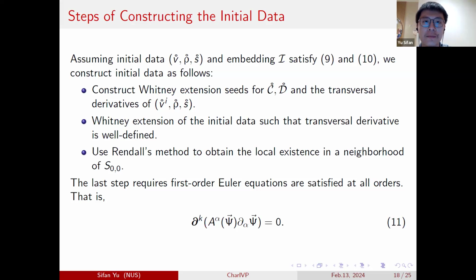You have to solve in a special order, such that you can construct Whitney extension seeds for transversal derivatives, and in particular for C and D. C is the vorticity of vorticity, and D is the Laplacian of entropy. Both C and D contain transversal derivatives. Again, the order matters, but I don't want to dive into details.